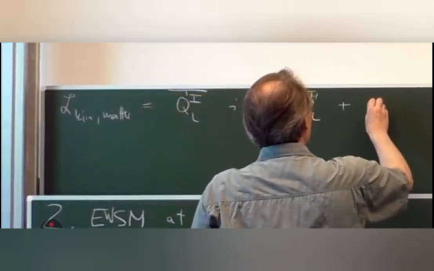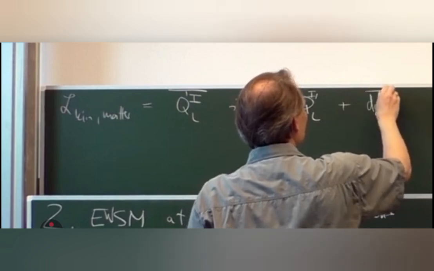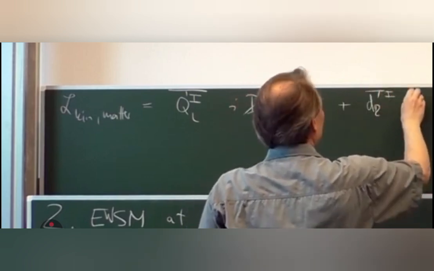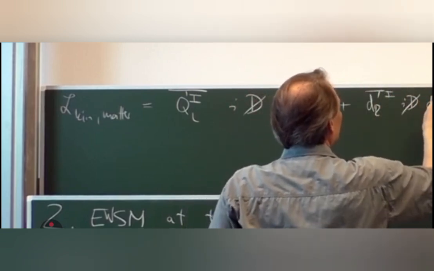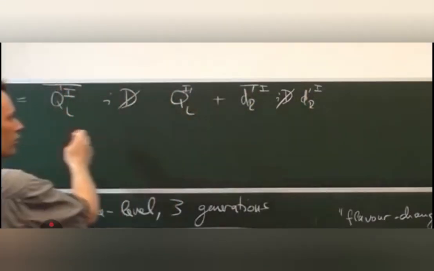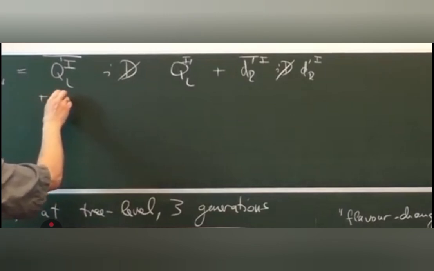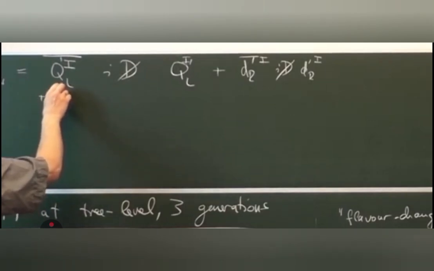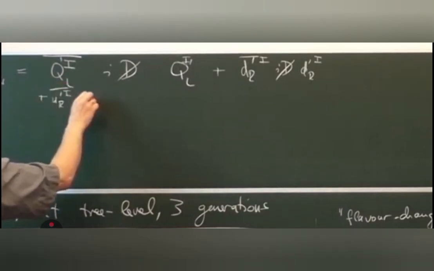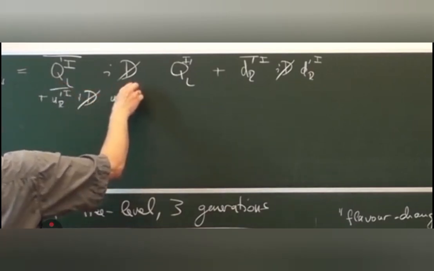The same for the down quarks, dr prime i d slash dr prime i. Again, 3 independent kinetic terms for the 3 down quarks. Then the same for the up quarks, ur prime i bar i d slash ur prime i.